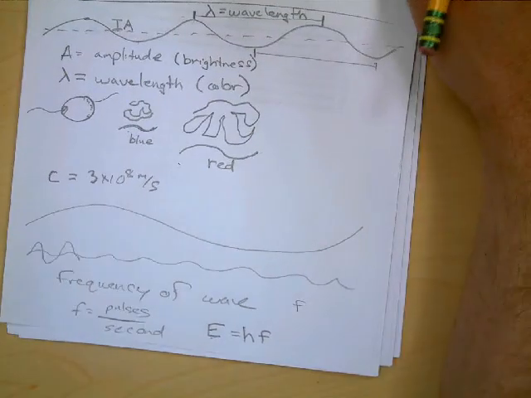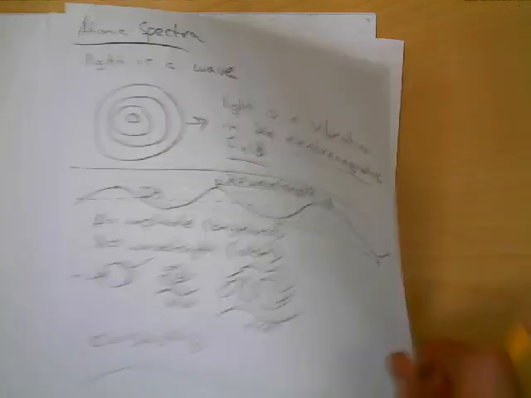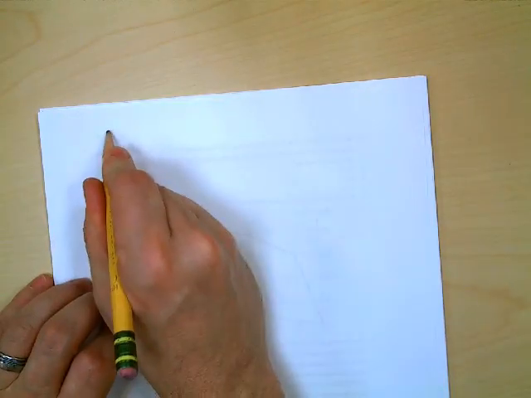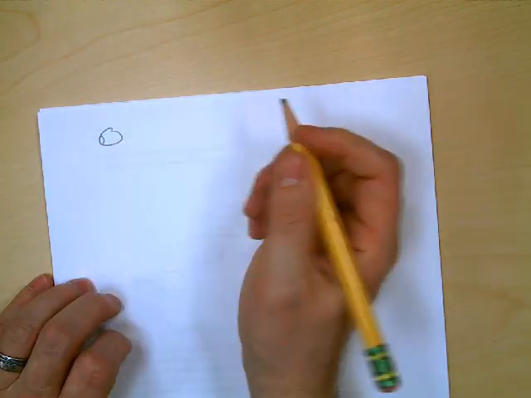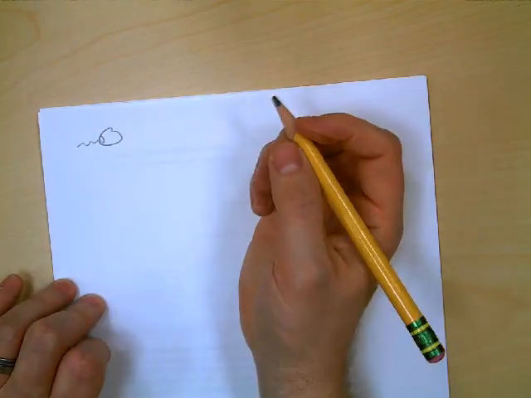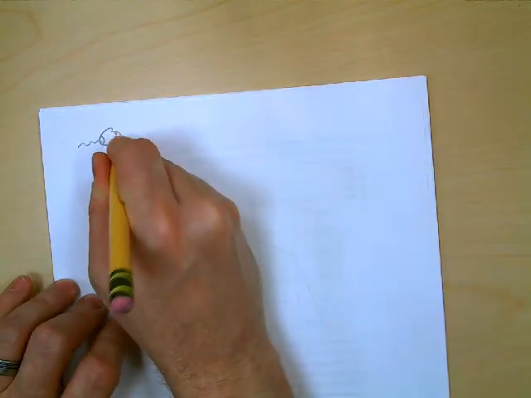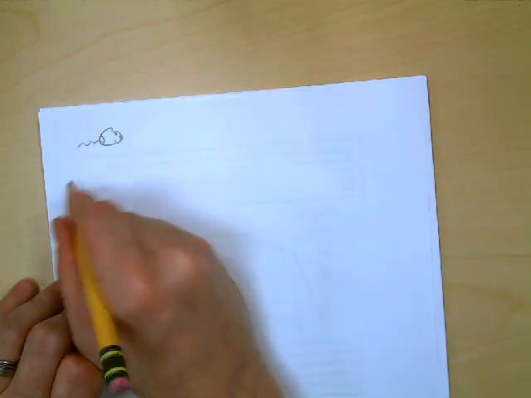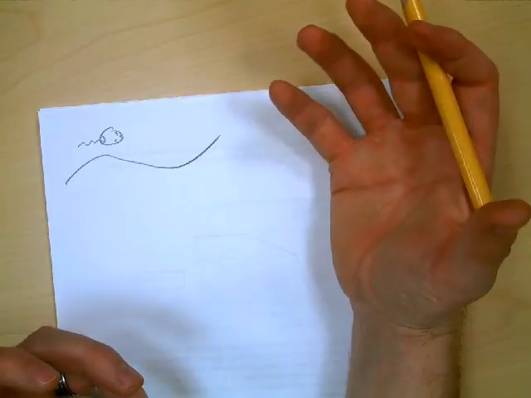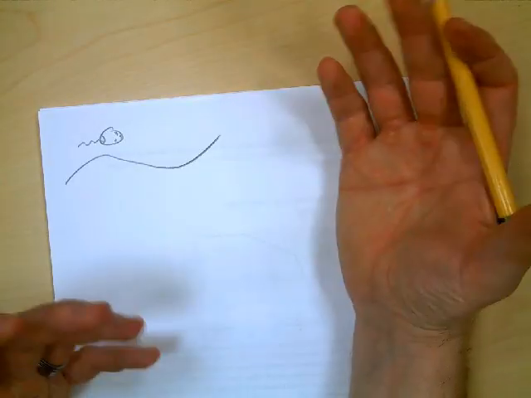So, in the world of light, there are many, many more frequencies of light that we cannot see than there are frequencies that we can see. So here's your eye, and there's your lens. You can imagine that waves that are this big can make it through your eye, and there are certain size structures at the back of your eye, but if the wave is too big, you will not have a structure at the back of your eye that is sufficiently shaped or vibrates at the right frequency to absorb it.